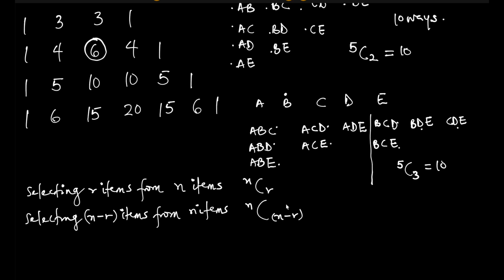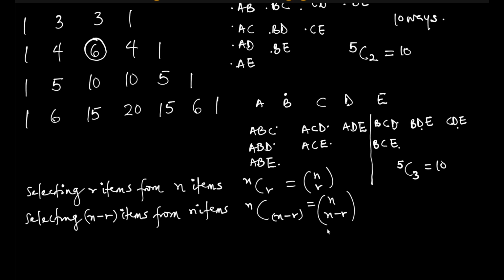In the combination notation, you can use n, then the big C, then a small r, or you can write this or this. So they literally mean the same thing.